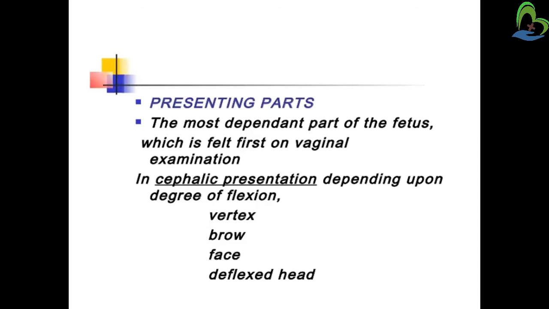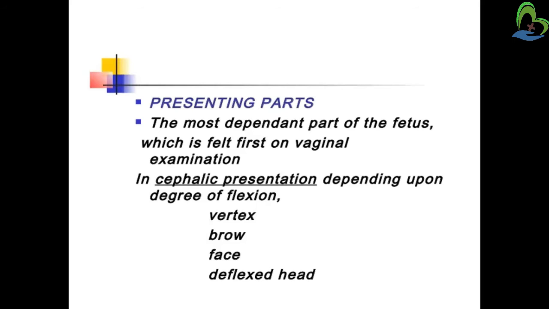Now the presenting part. The most dependent part of the fetus which is felt first on the vaginal examination, right? When the nurse or doctor performs the per vaginal examination, whatever part of the fetus is first felt is called the presenting part.